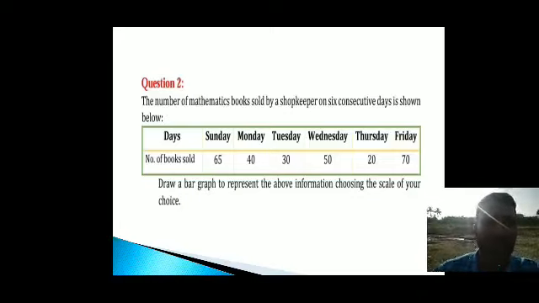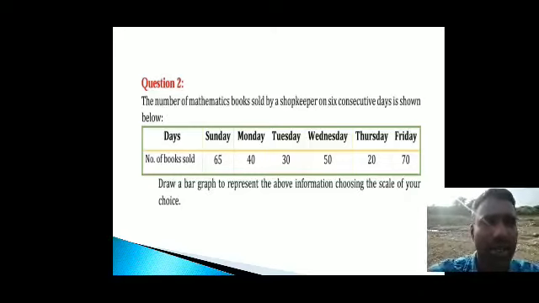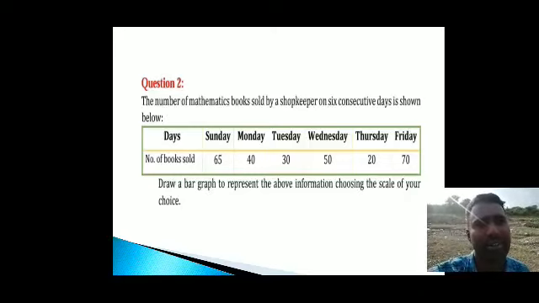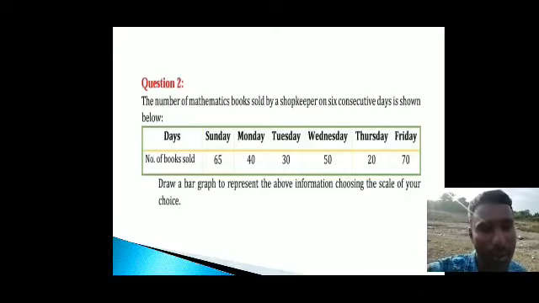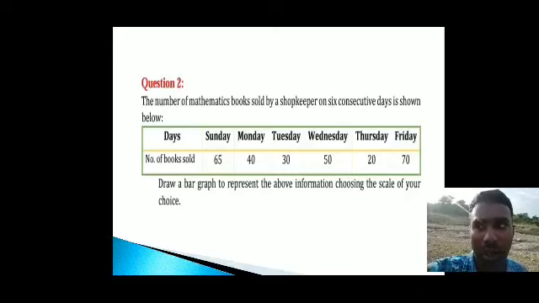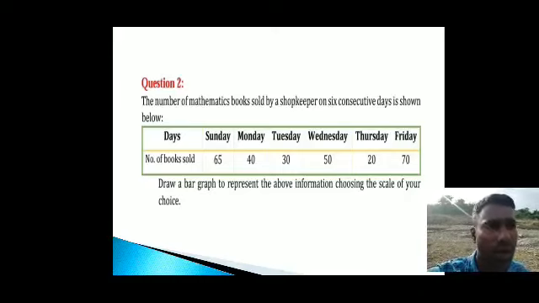For example 40, 30, 50, 20, 70 can be divided by 10, but 65 will not be divided by 10. So all the numbers should be divisible by one common number, and that number you can pick as your scale.